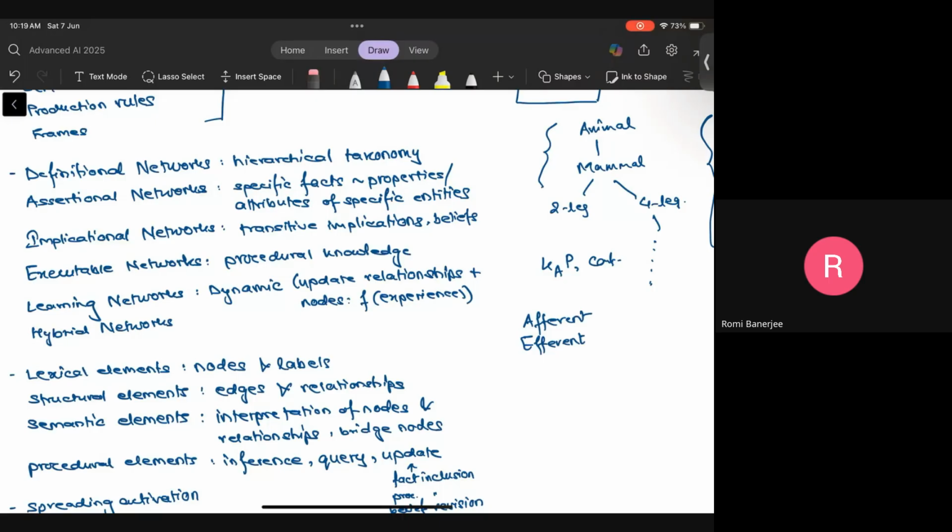This is brain activations. You have the real world and this is your brain. So you have afferent inputs and then you have activations in the brain which lead to efferent signals, which are like responses.